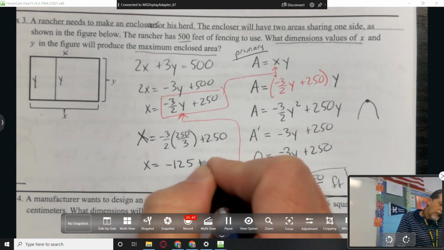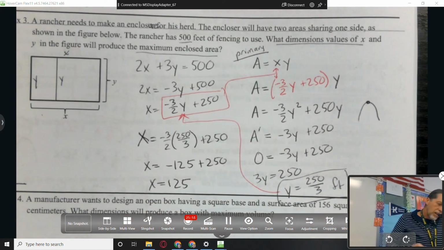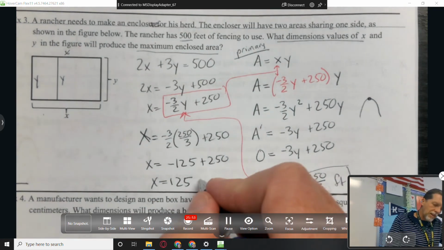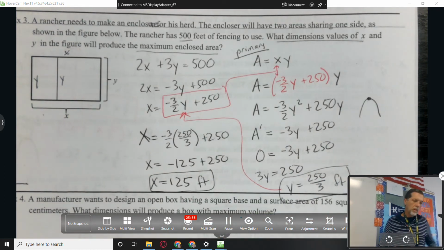Negative 125 plus 250. So X is 125 feet. Take a derivative, set it equal to 0, because that's where the max or the min happens.